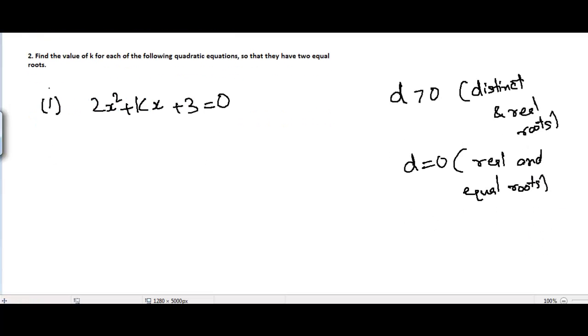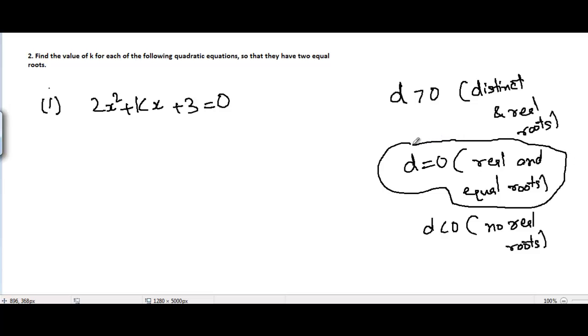And if the value of D is less than 0, we have no real roots. But it's given to us that the equation has equal roots, so we are under this category now. So if roots are equal, the value of the discriminant for this quadratic equation must be equal to 0. So let's find the value of the discriminant.